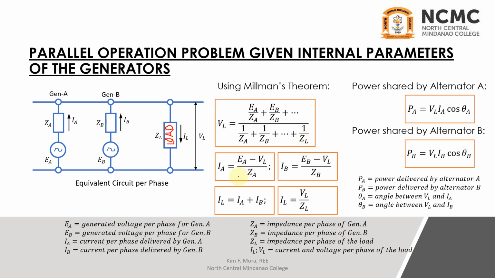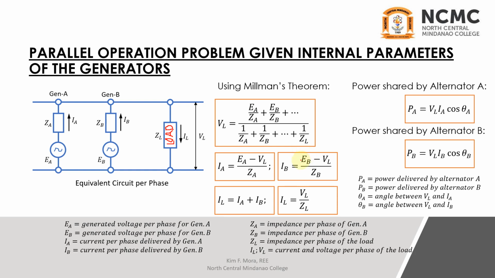And how do we solve for the current delivered by our generator A? So that is given by generated voltage minus the voltage per phase sa load, VL, over the impedance.